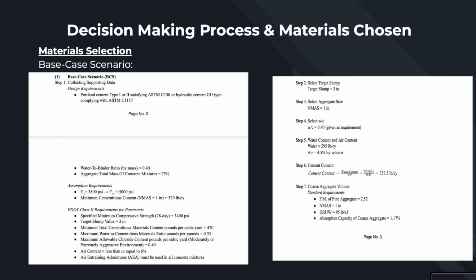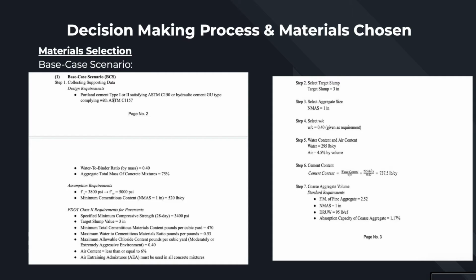For the decision-making process and materials chosen, we have two different scenario mixture designs. Our first one is the base case scenario, and we have all the design requirements that were needed to satisfy the standards. We also detailed the FDOT requirement for pavement as well.